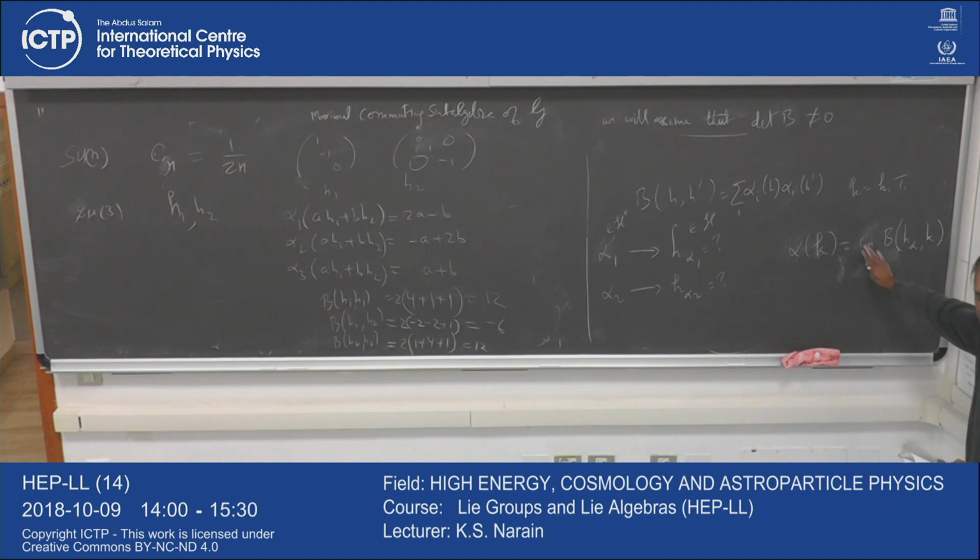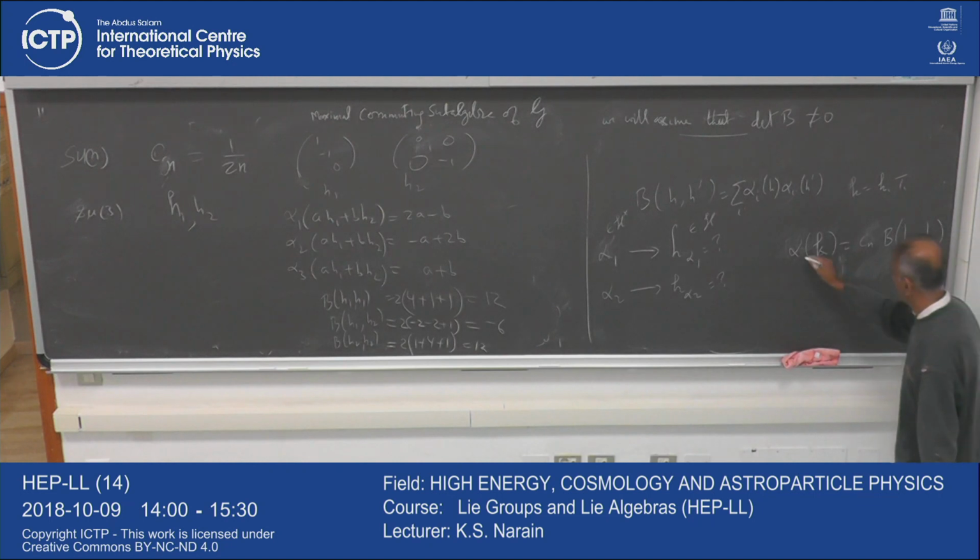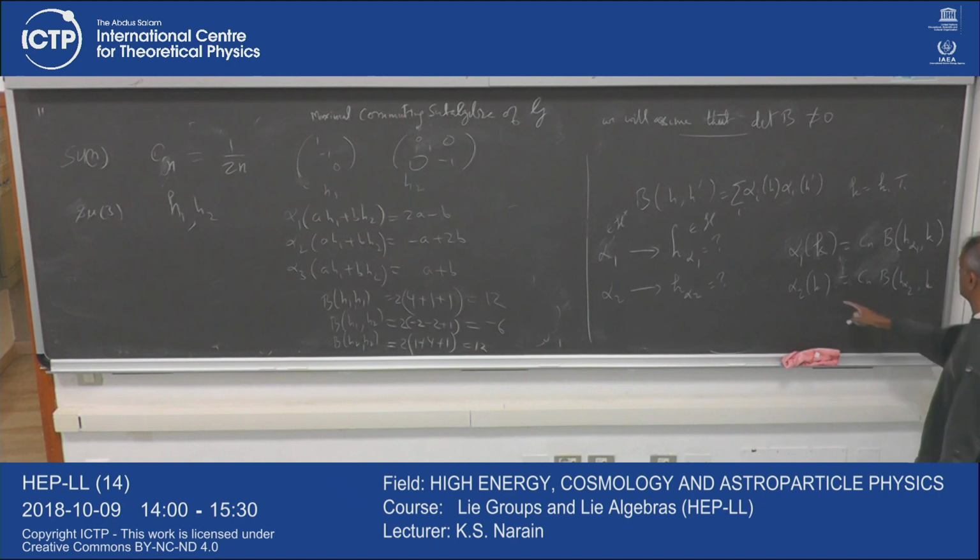Again, this number is not important, but let's just keep it, just because you get nice numbers finally, that's all. So we want to find out H alpha 1, and a similar equation for alpha 2. So from these equations, I want to solve for H alpha 1 and H alpha 2, right?